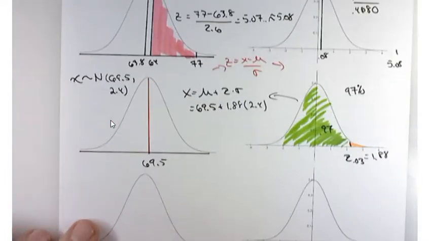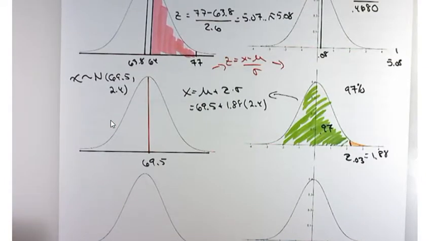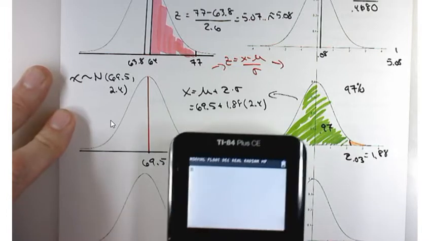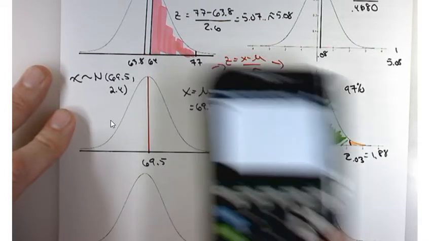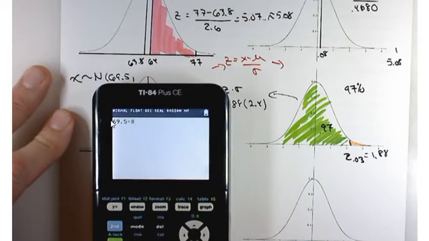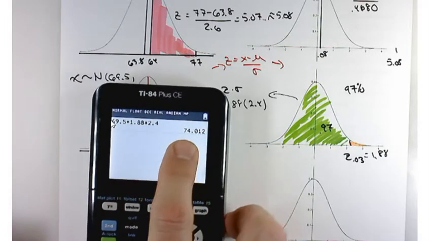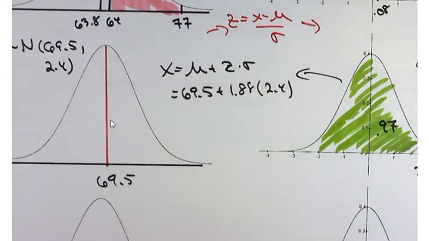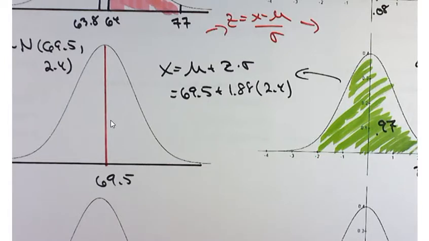Okay, sounds good. All right, so 69.5 plus 1.88 times 2.4, 74.012. So basically about 6'2" would separate the upper 3% from the bottom 97%.